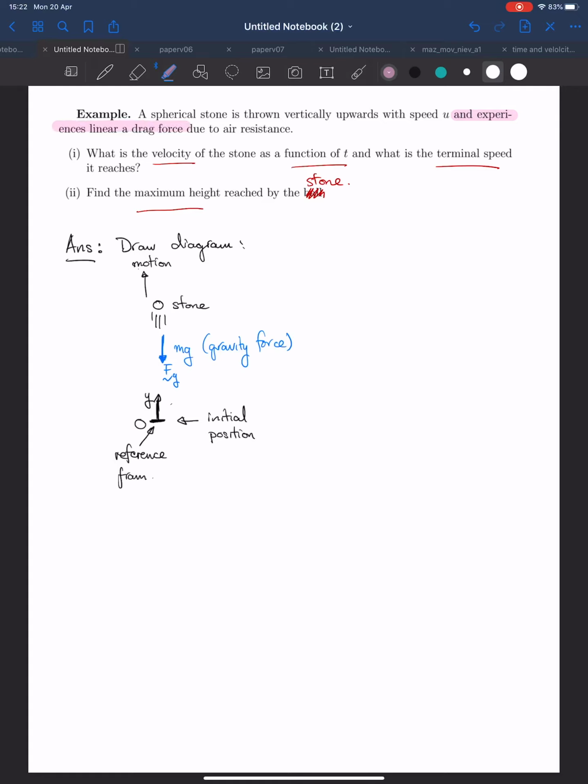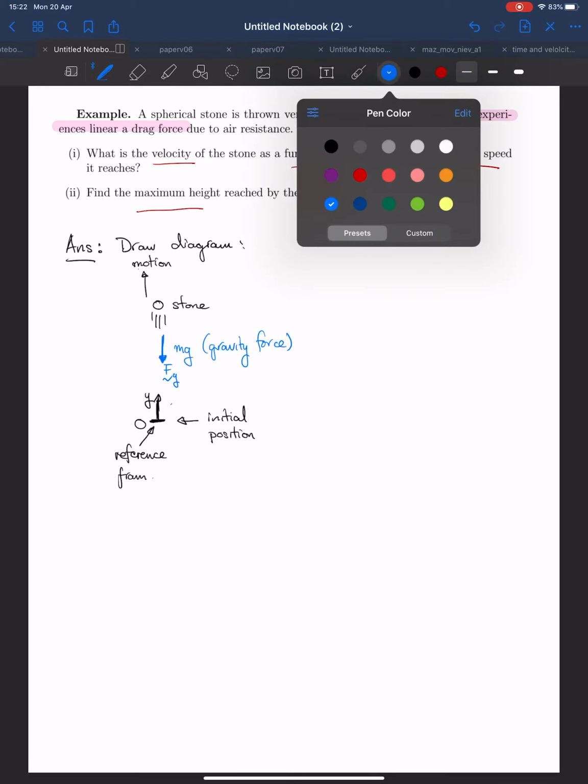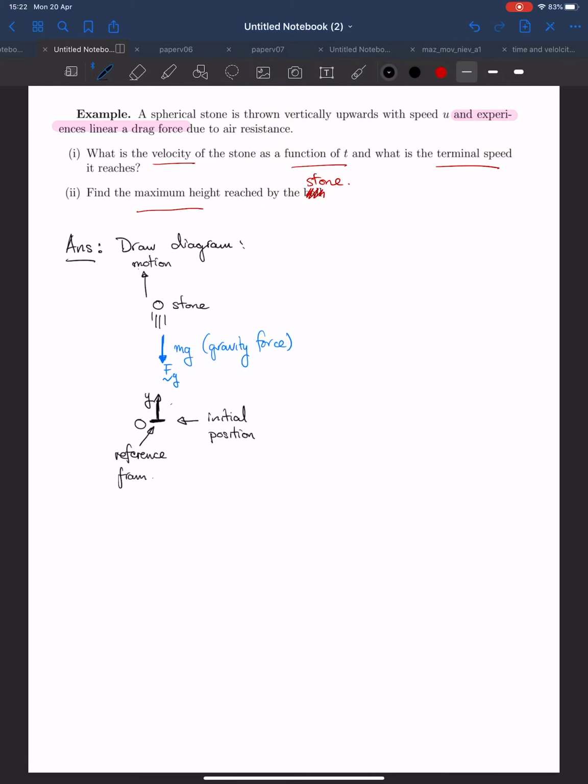So we have another vector, which acts downwards, which opposes the motion. Remember that the motion is vertically upwards, so this is our drag force, Fd, this vector.